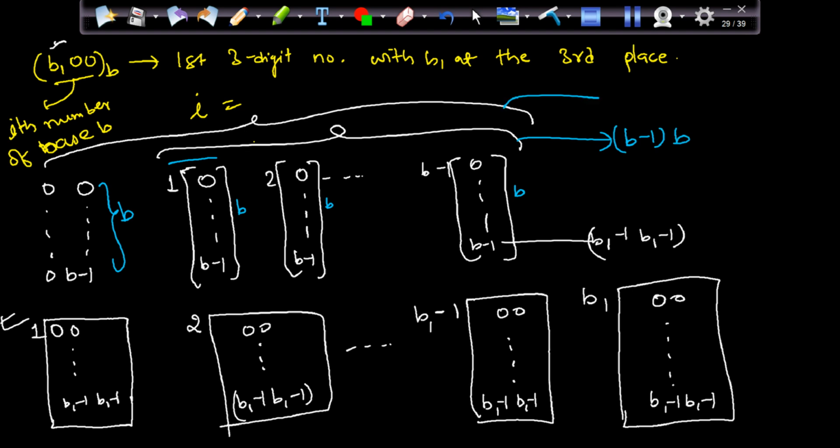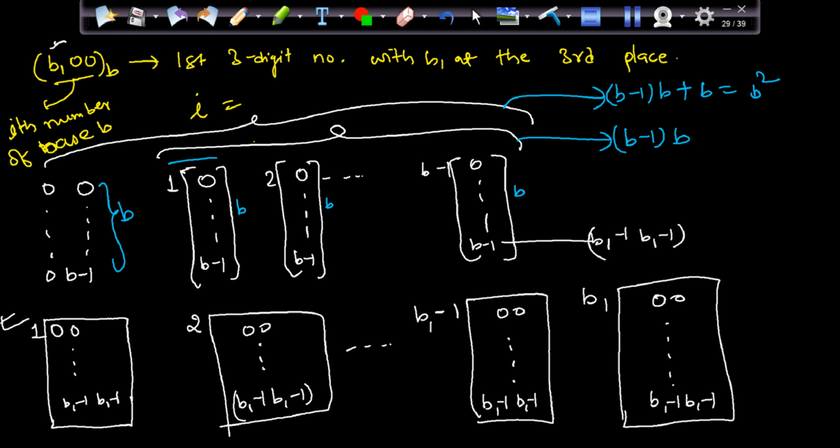How many numbers are there? b minus 1 into b plus b, which is equal to b square.